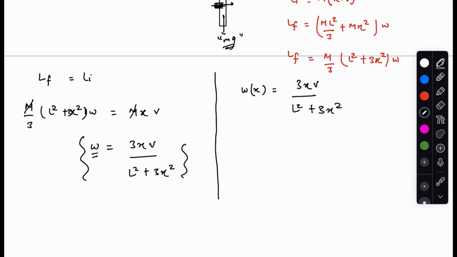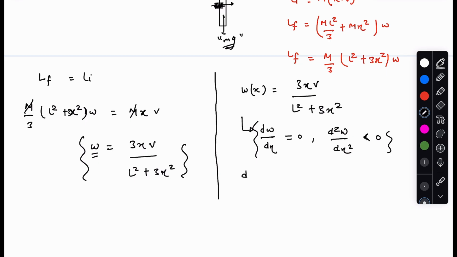Now I am calculating the maxima, and I know the process. I will differentiate the function, equate it to 0, and if the double differentiation for that particular value of x comes out to be less than 0, then that x value is the maximum. This is what we cover in calculus.